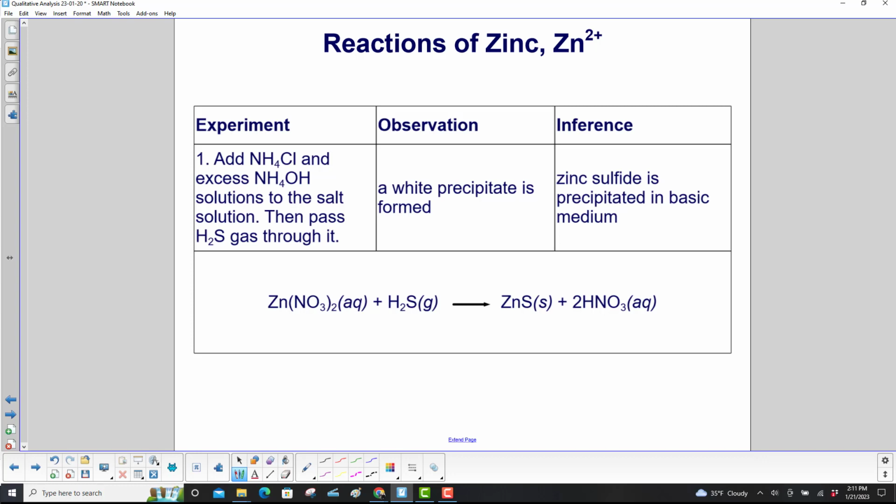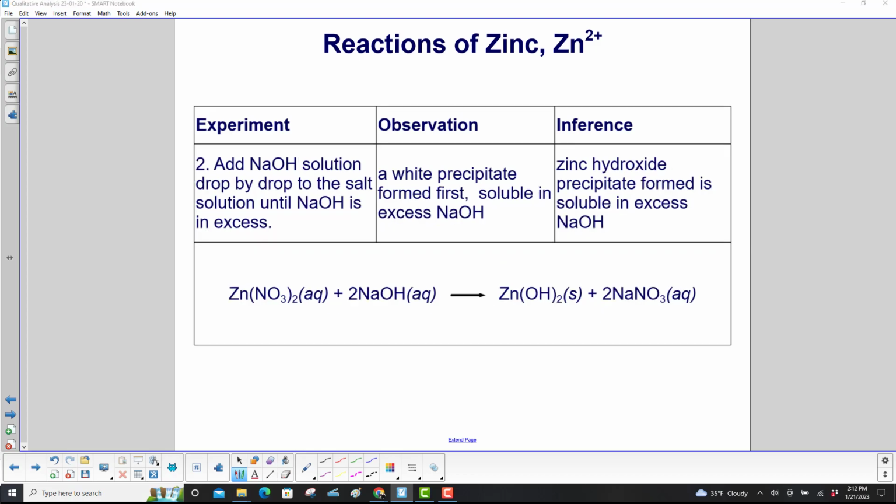Reactions of zinc. Experiment 1: add ammonium chloride and excess ammonium hydroxide solutions to the salt solution. Then pass hydrogen sulfide gas through it. Observation: a white precipitate is formed. Inference: zinc sulfide is precipitated in basic medium. 2.